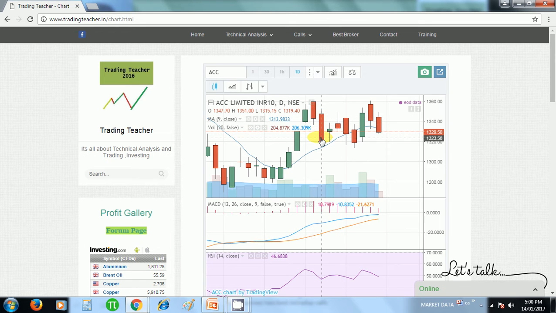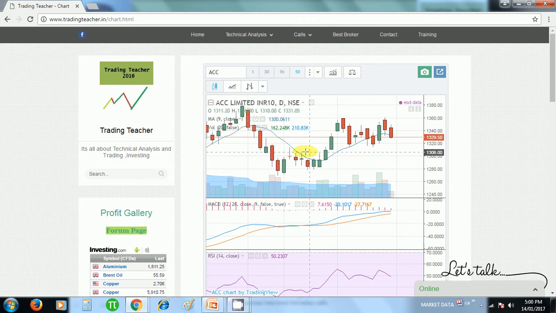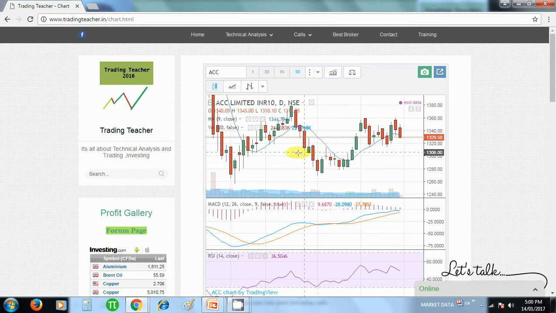After the next day the market fell, and it has not gone above 1360 till today. I think the ACC will go in an up direction according to my point of view if you are holding this position for the next few days, because the market was just consolidating in an uptrend move. This is an uptrend move.